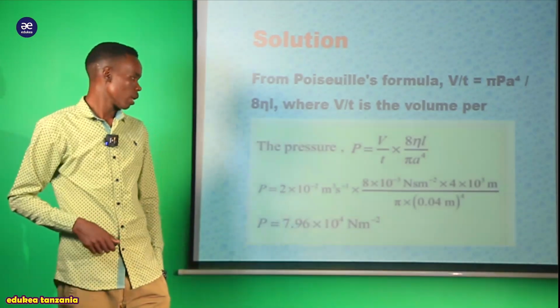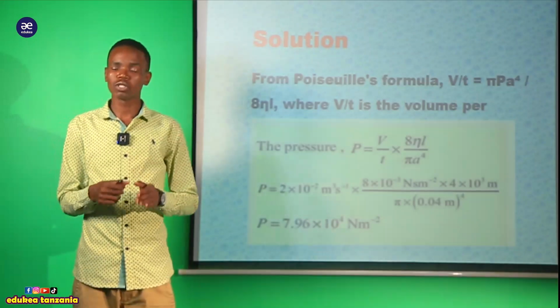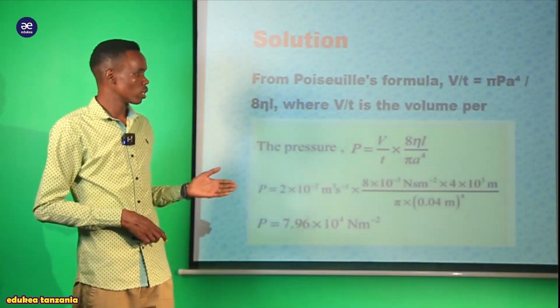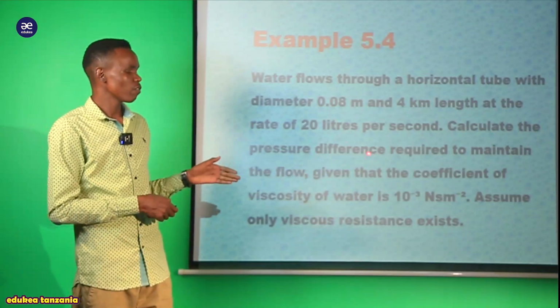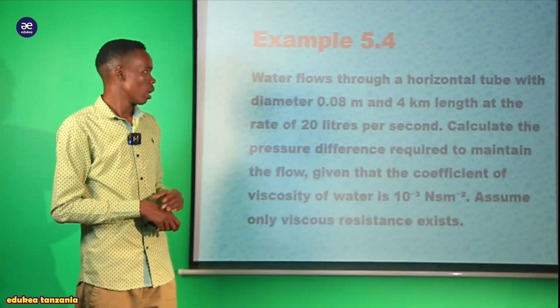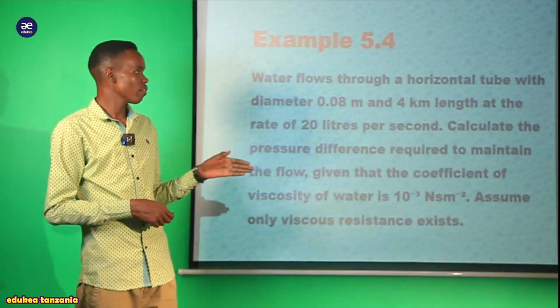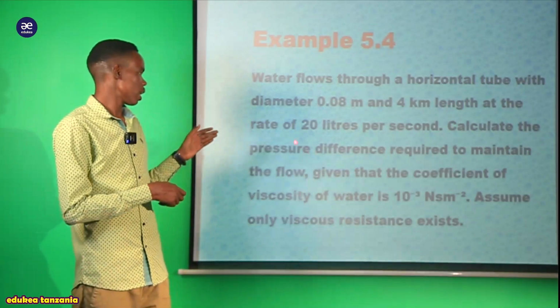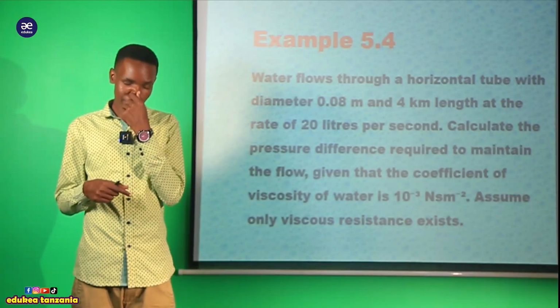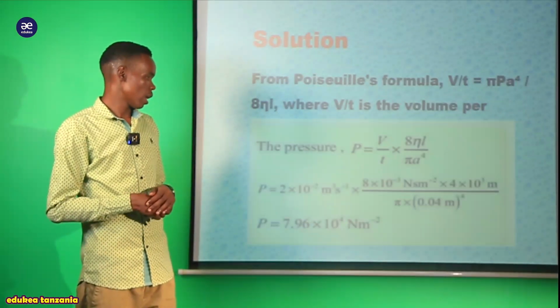So after this one, let us go and substitute the values that we have been given into our equation. Because on our equation here, we have the diameter that is 0.08 meter. Also, we have the length of the flow, ambayo tumepewa ni sawa na 4 kilometer.